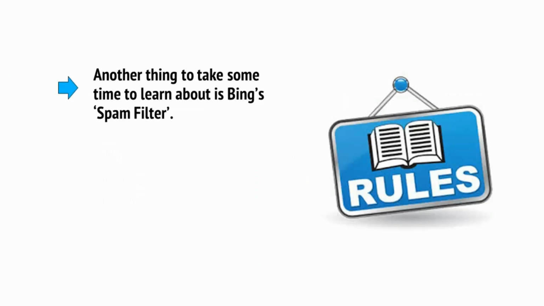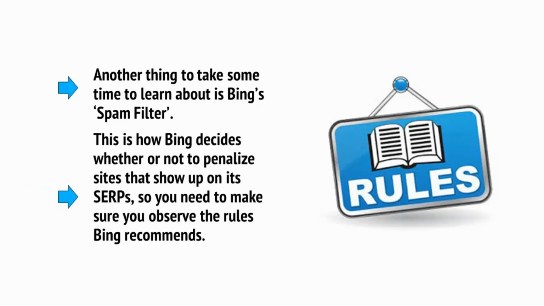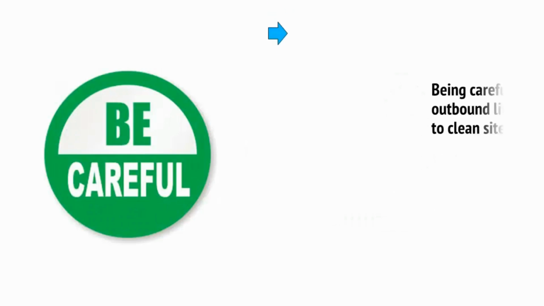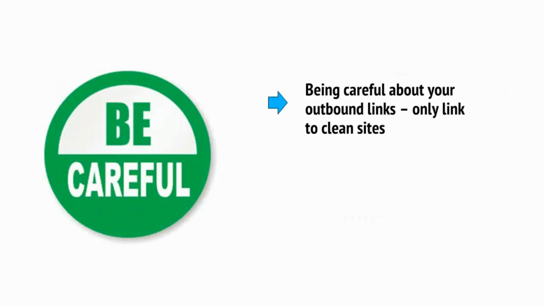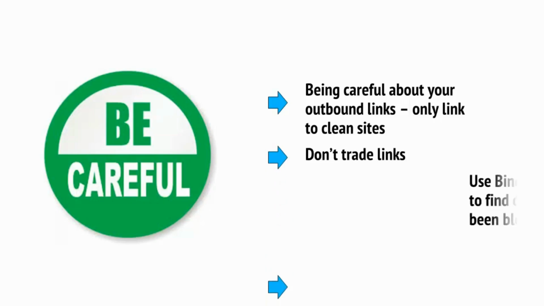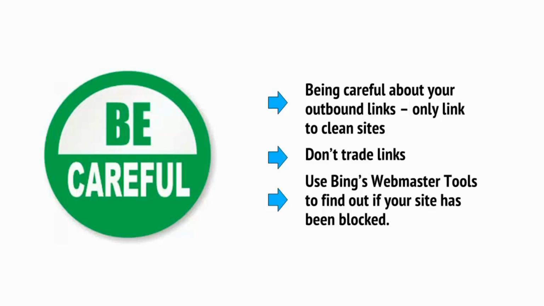Another thing to take some time to learn is about Bing's spam filter, and this is how Bing decides whether or not to penalize sites that show up in its SERPs. So you need to make sure that you observe the rules that Bing recommends. This means being careful about your outbound links, only link to clean sites, don't trade links, and use Bing's webmaster tools to find out if your site's been blocked.